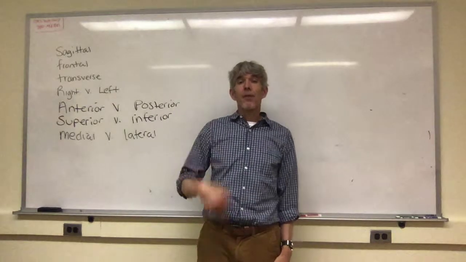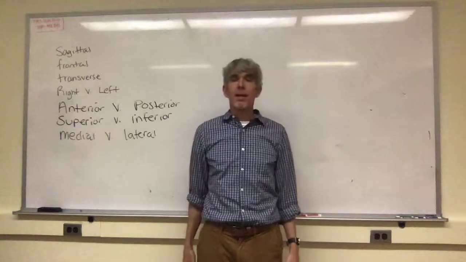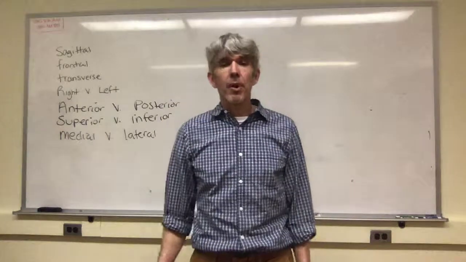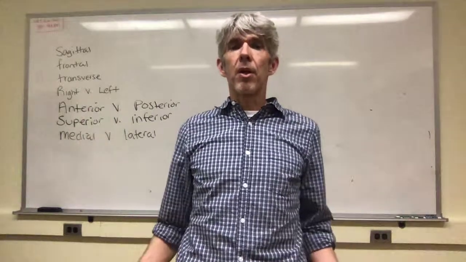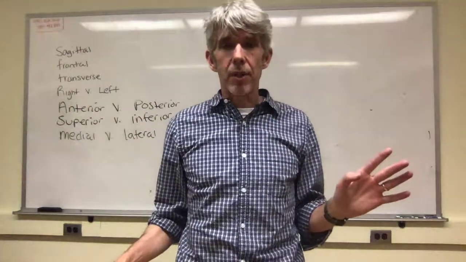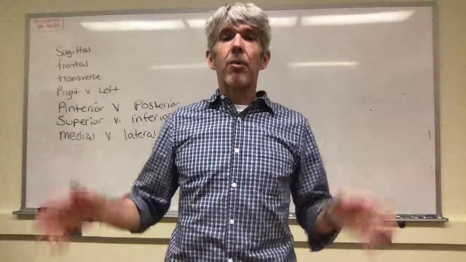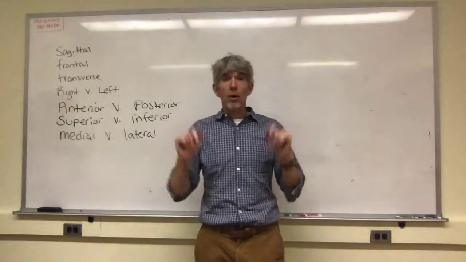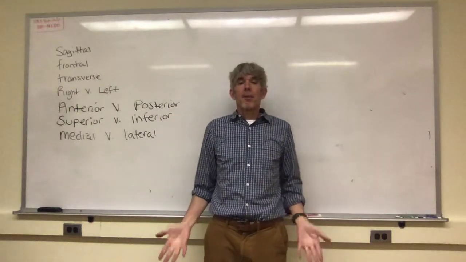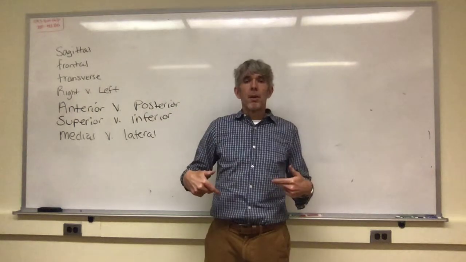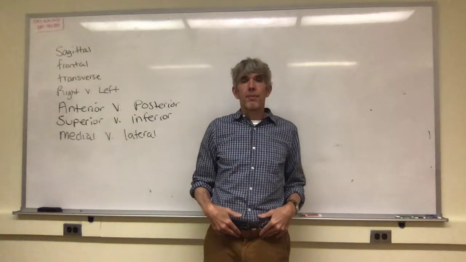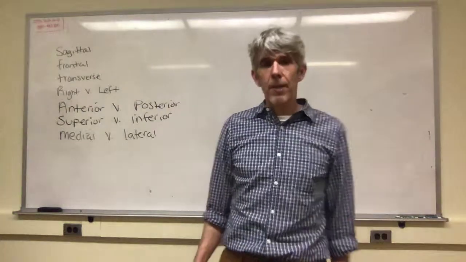So is my head inferior to my pelvis if I'm hanging upside down from a tree limb? No. The head is always superior to the pelvis, no matter what the body orientation is, because superior is defined by the body in one orientation, and that's the anatomical position. And in this position, the head is above the pelvis. Okay?